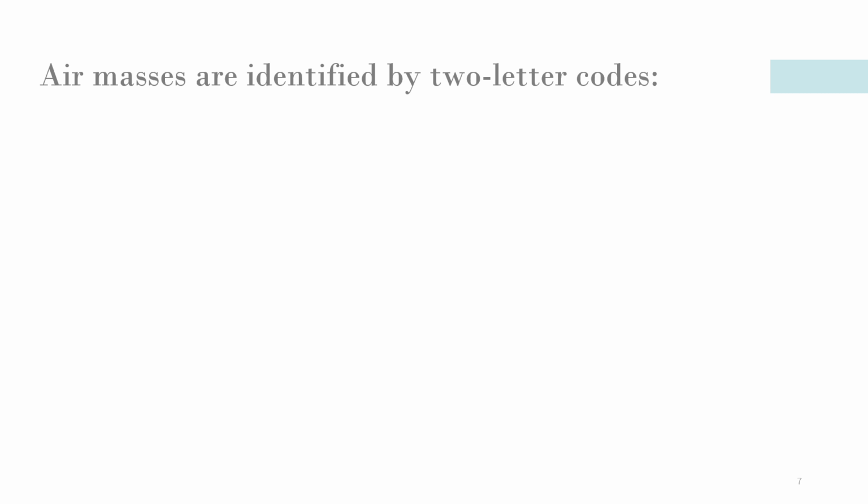And the air masses are identified by two letter codes. First is the small m for maritime air mass. That means the air mass that is formed above the ocean. And small c for continental air mass.